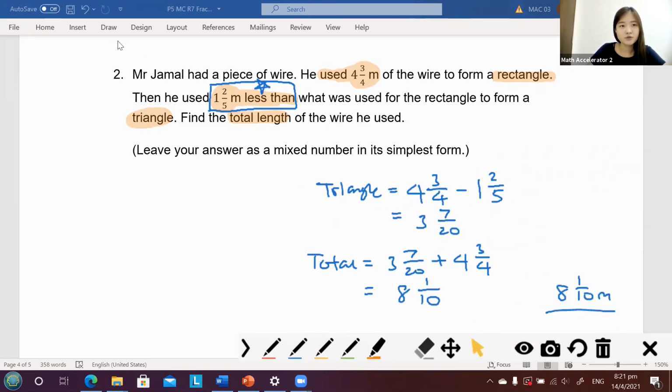For those of you who chose option 1, it's because you went to add it instead. But the 1 and 2/5 meters is not for the triangle, it's less. So take note of the correct answer and write it down. Those of you who got 8 1/10, well done, that is correct.